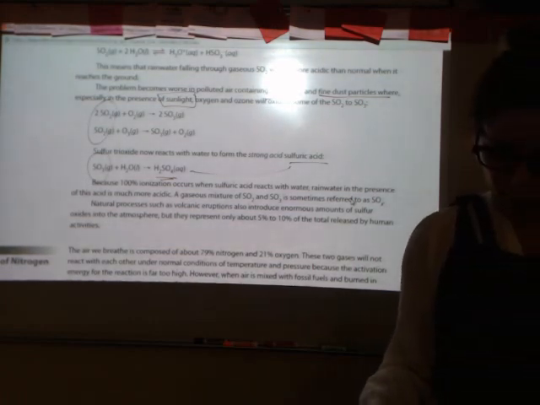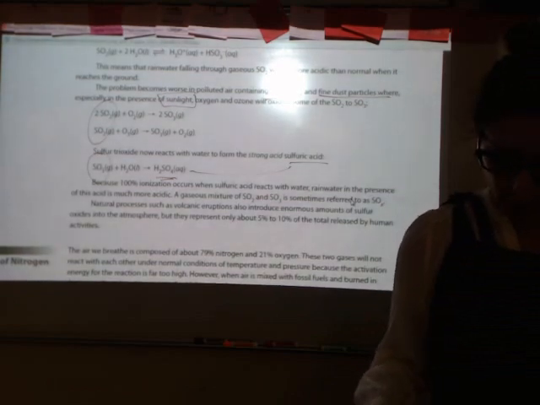Okay? Since strong acids like sulfuric acid are 100% ionized, you're going to have a high concentration of hydrogen ions or hydronium ions in the rainwater, and that will end up wreaking havoc on the environment.